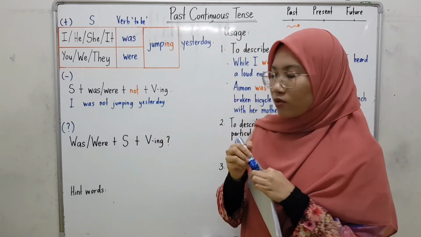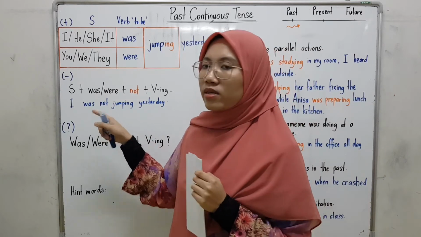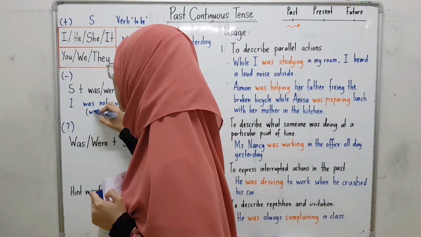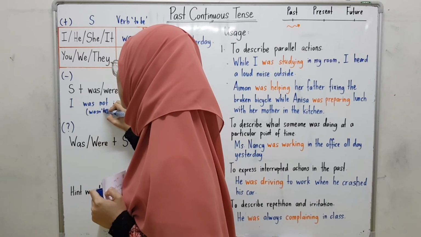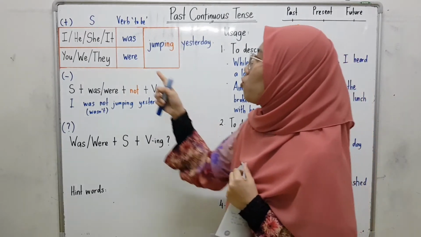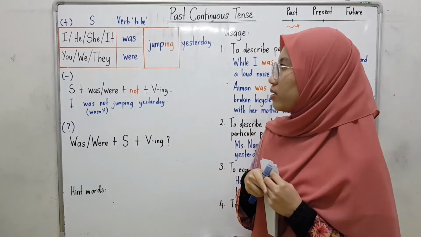When we add not, was and not can be shortened as wasn't, or I wasn't jumping yesterday. Were and not can be shortened as weren't.